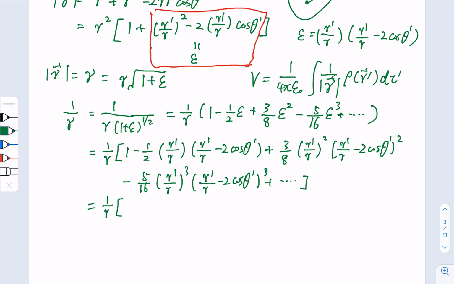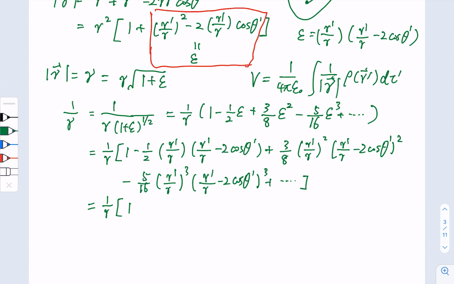So the 0th order of cosine theta prime has a term here that should be 1.